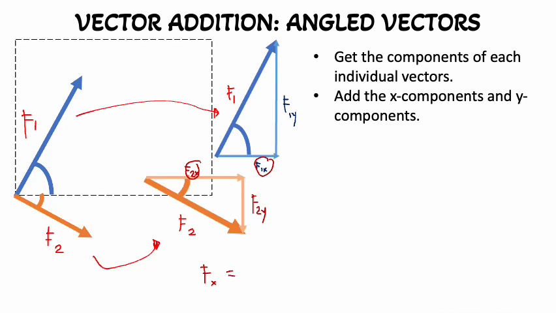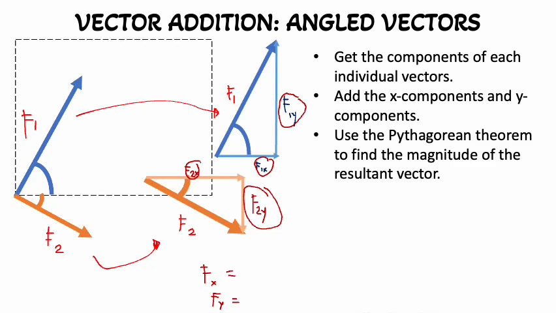The x component of the resultant force is just the sum of these x components, and the y component of the resultant vector is also the sum of the y components of these two vectors. So that is how you add that.